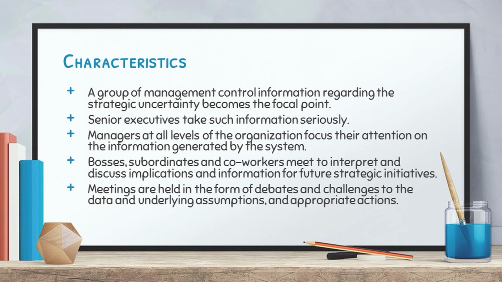Fourth, bosses, subordinates, and co-workers meet to interpret and discuss implications and information for future strategic initiatives. And the last, meetings are held in the form of debates and challenges to the data, underlying assumptions, and appropriate actions.